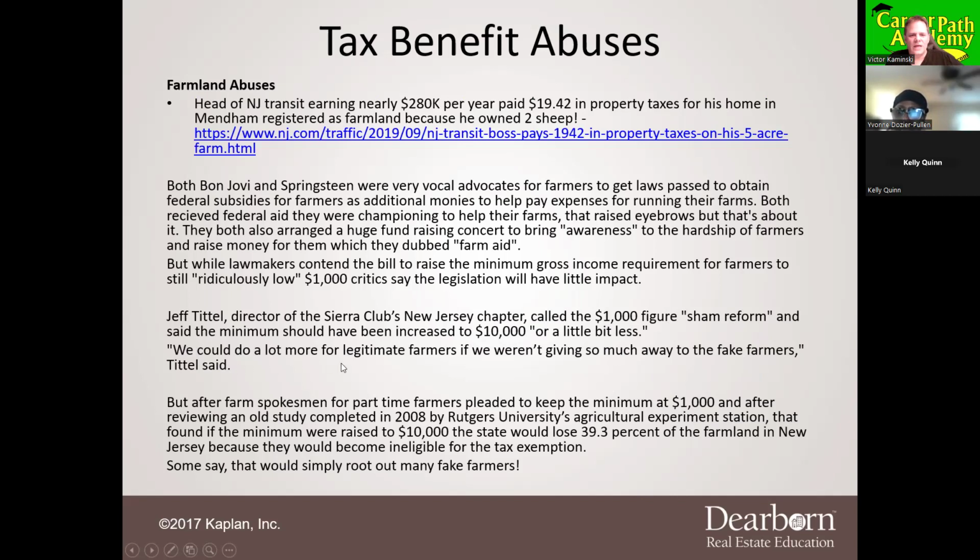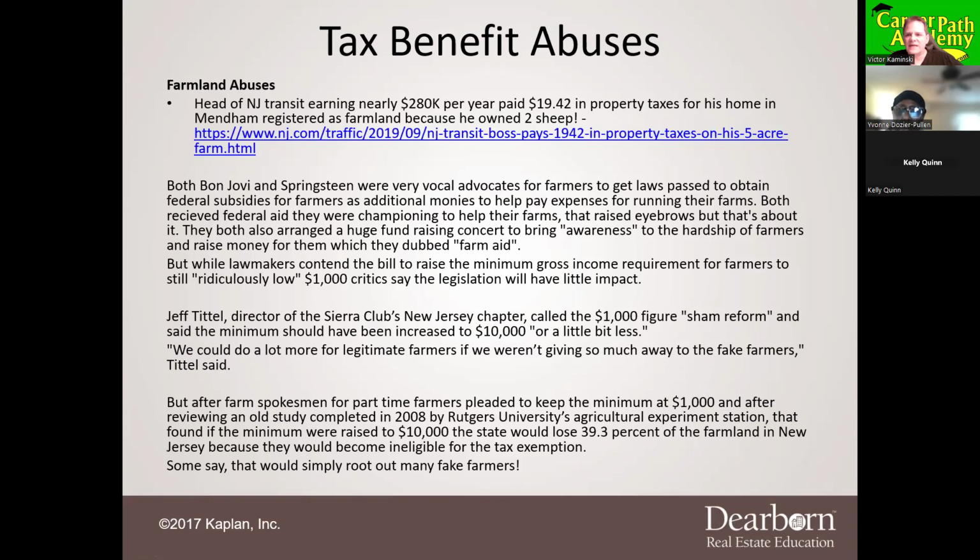It says we could do a lot more for the legitimate farmers if we weren't giving so much away to the fake farmers. That's a very true statement. But even his suggestion of $10,000 is ridiculous. It should be a high amount, like $500,000 or even $1 million, that a farmer needs to gross in sales a year.